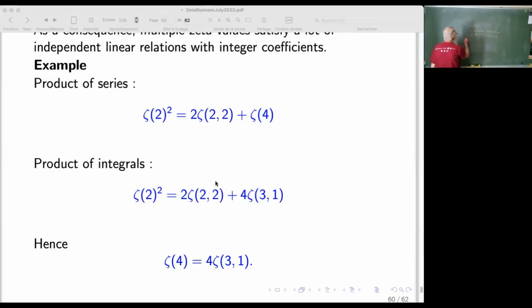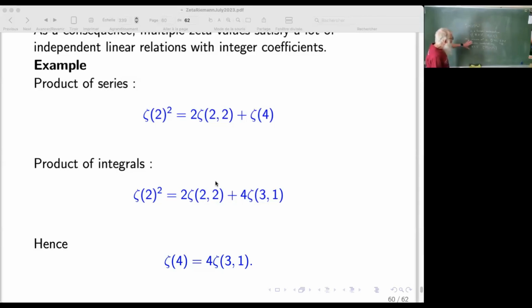And in general, any monomial in zeta of S, where the S are integers greater than or equal to 2, is a linear combination of multiple zeta values, which are zeta of T1, ..., Tn.